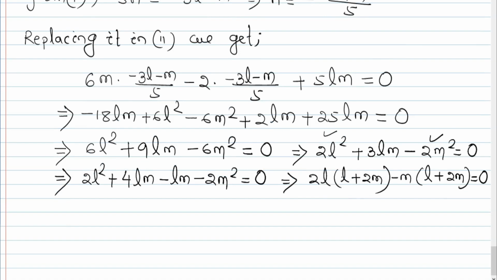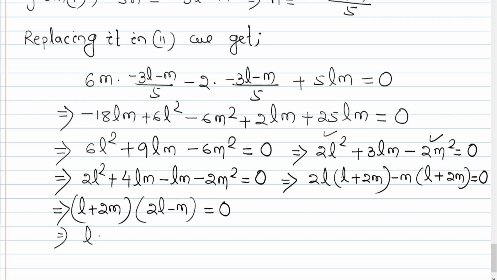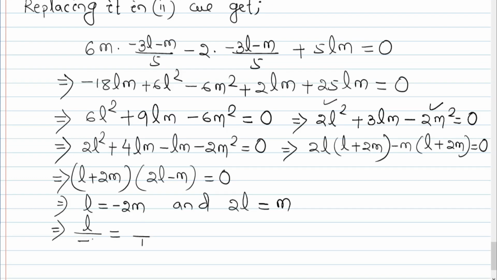So in other words, l plus 2m whole into 2l minus m is equal to 0, or in other words, l is equal to minus 2m and 2l is equal to m. So l by minus 2 is equal to m by 1.